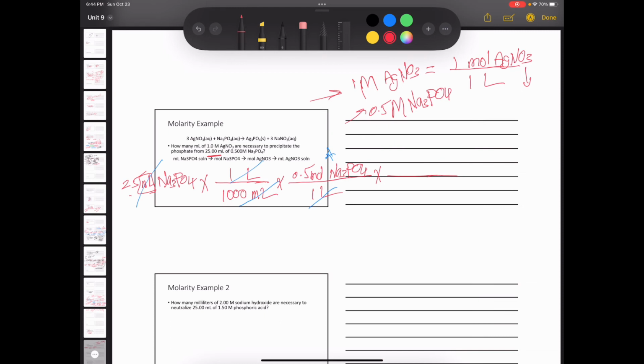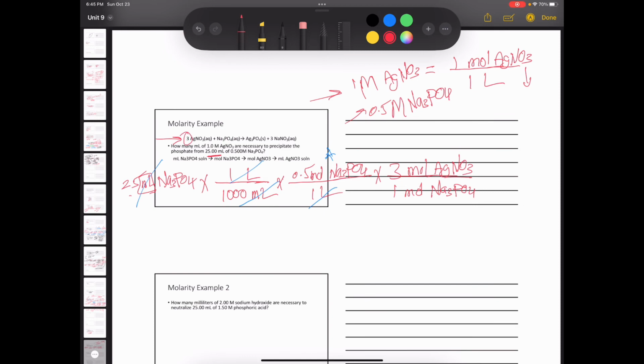Now I have to go back to my balanced chemical equation, okay? And from this one, I can tell that for every 1 mole PO4, 3 mole of silver nitrate is needed.